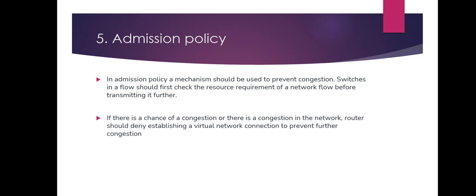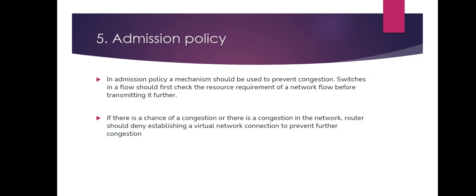And if the router predicts that there is congestion in a path or a network, then the router will not admit that request, and it rejects that request itself. So instead of facing congestion in the future, it tries to stop the request itself at the very beginning.